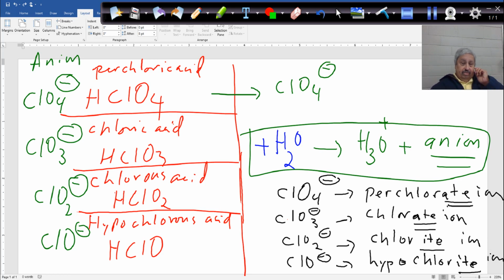Okay, guys, so that's just to let you know that the anions of those acids will change naming: ATE, ITE, hypo-ite, or per-whatever chlorate. It can be a bromic acid, bromate ion, and so on.